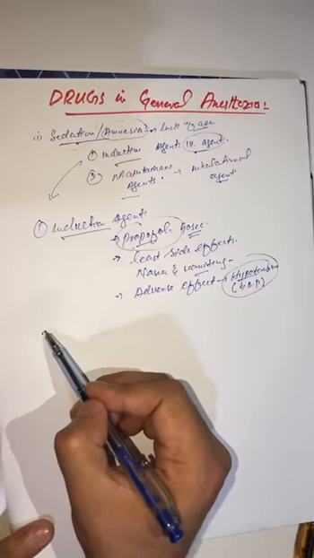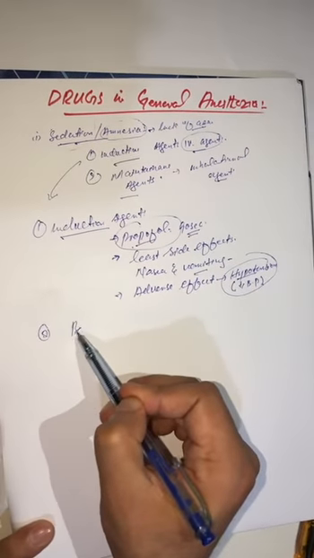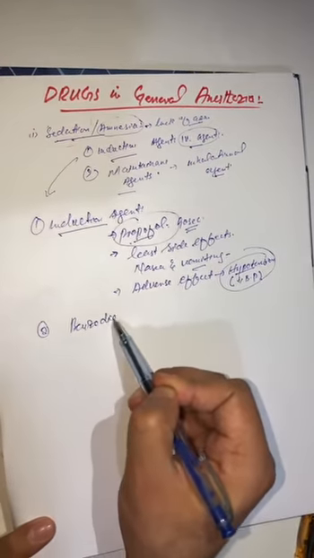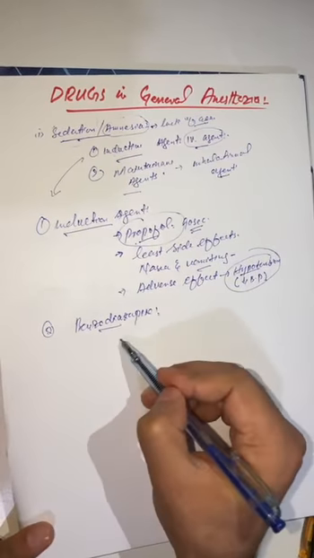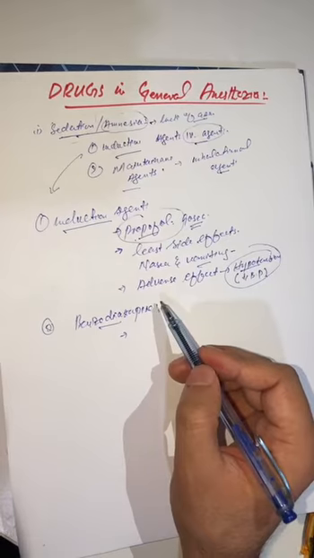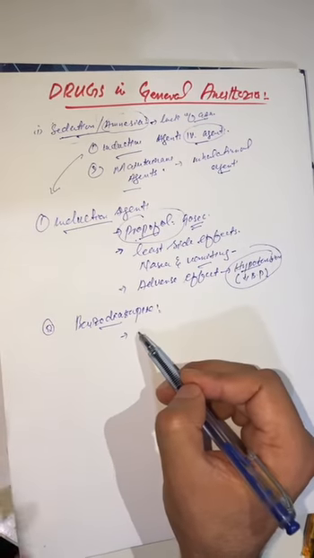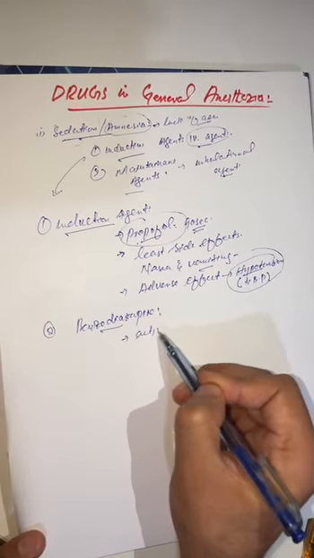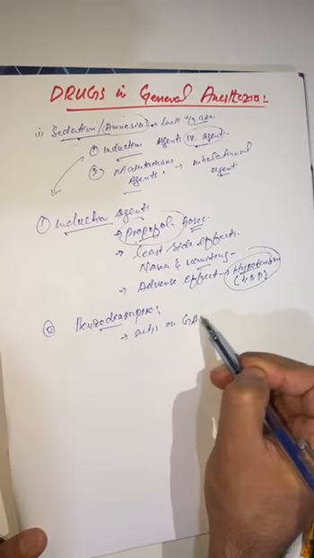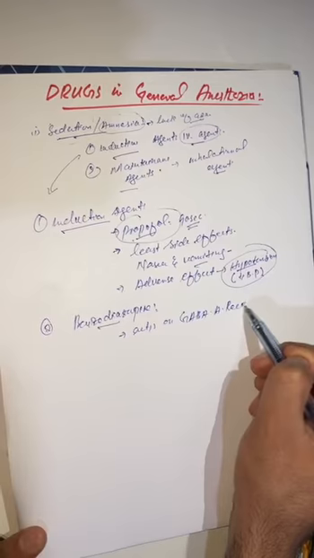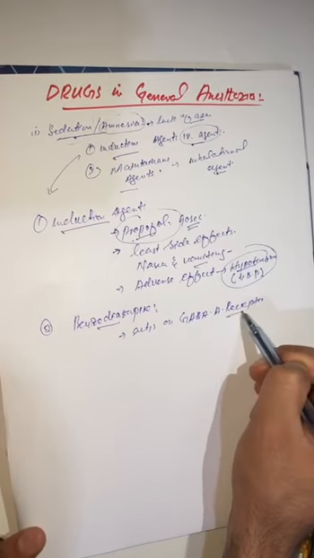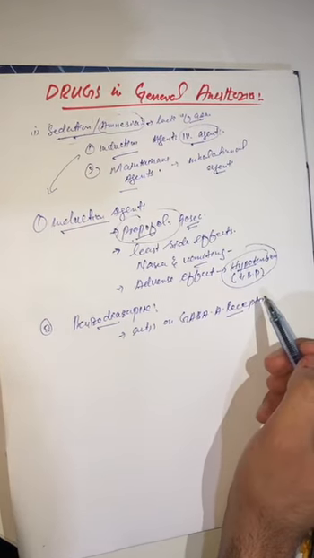And the second induction agent is actually benzodiazepine. Let's study its mechanism of action shortly. It acts on the GABA A receptor. And as you know, the GABA A receptor forms the inhibitory mechanism.